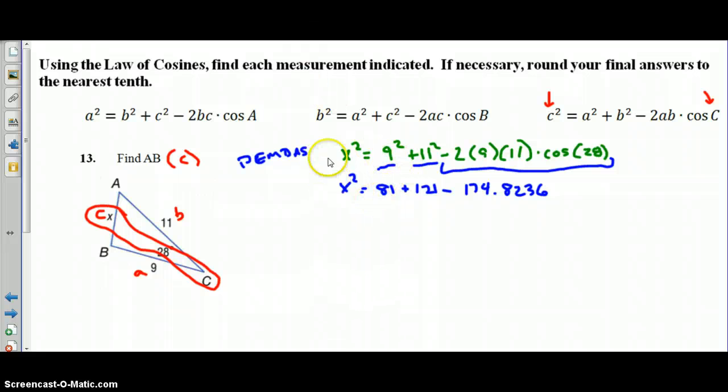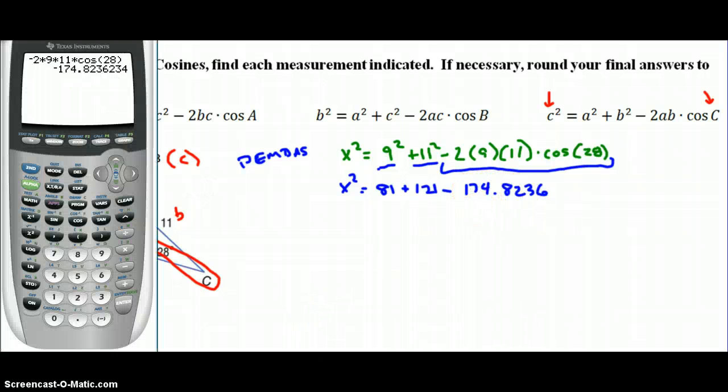Now that we've simplified our exponents and our multiplying, there's no division, so we can go on to adding and subtracting. If we combine our like terms, 81 plus 121 minus 174.8236, and enter that into our calculator, that is equivalent to 27.1764.